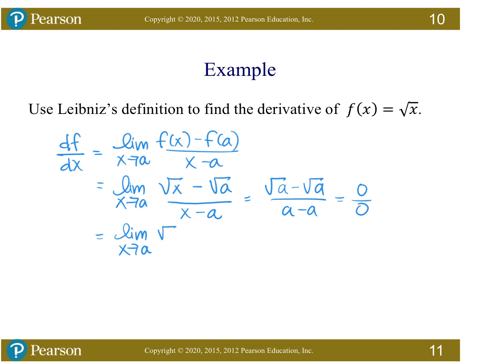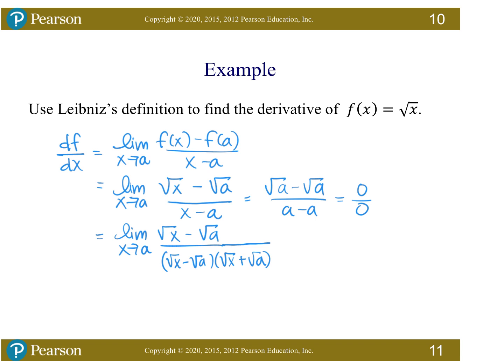So this is going to be rad x minus rad a in my numerator, and my denominator will factor into rad x minus rad a times rad x plus rad a. It's the difference of squares applied to square roots. So this is reducible.